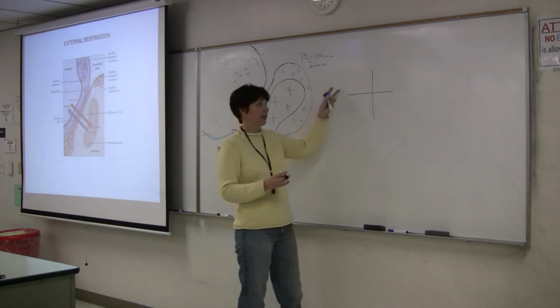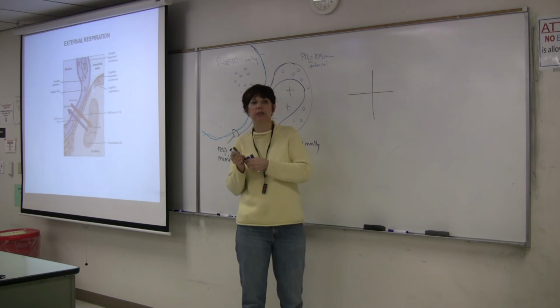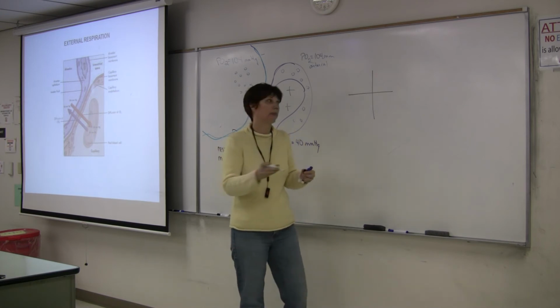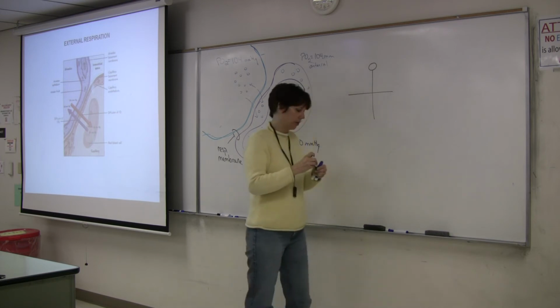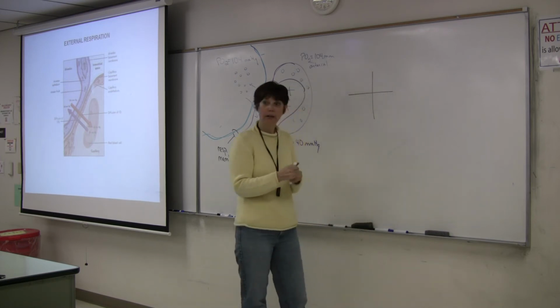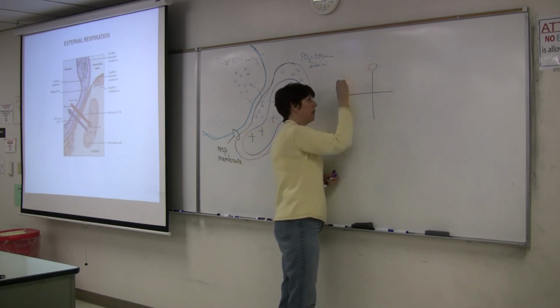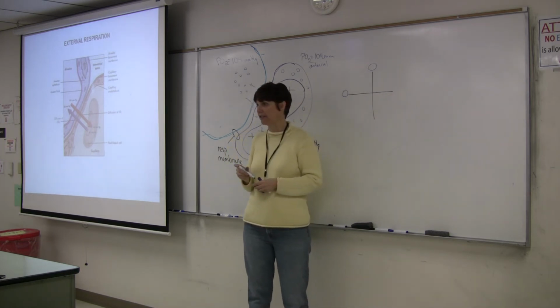So at first, the hemoglobin's chemical attraction for oxygen is low. So when the first oxygen molecule binds to hemoglobin, it doesn't stay there very long, all right? Even when the second one binds, it takes that second one binding to increase the affinity for oxygen.